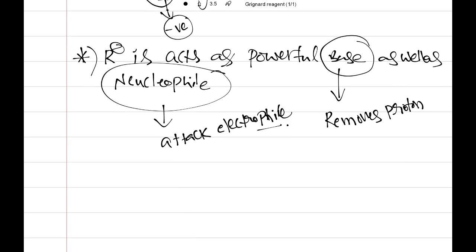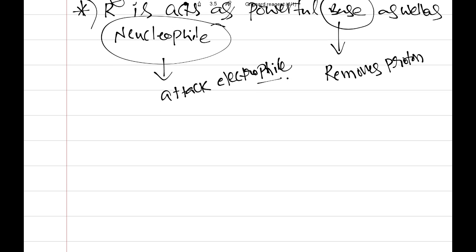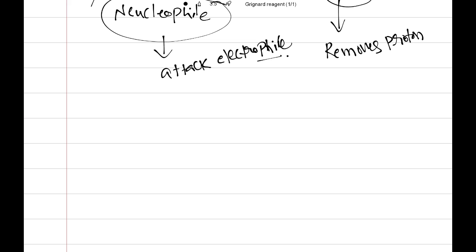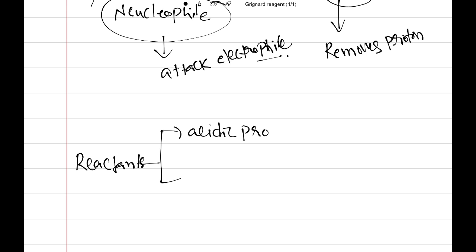Now, if the structure has an acidic proton as well as an electrophilic center, for example, a reactant having both, one is the acidic proton and one more is the electrophilic center.